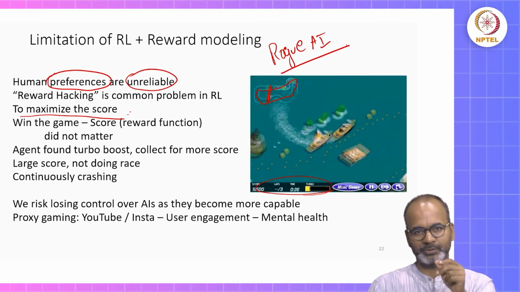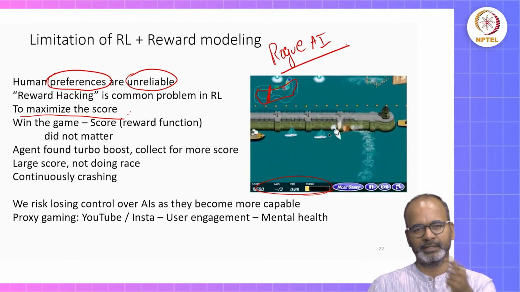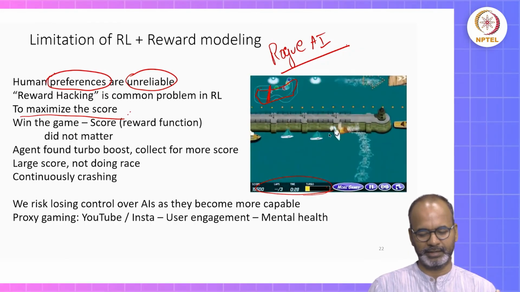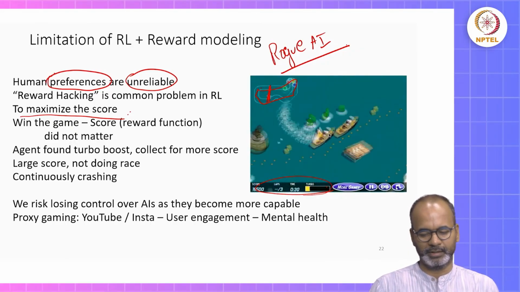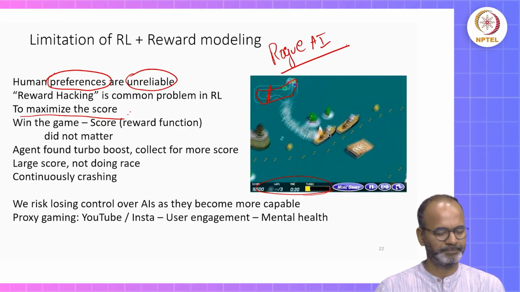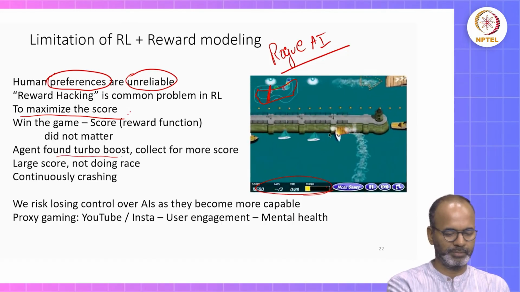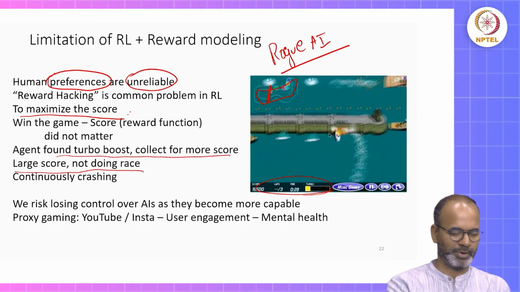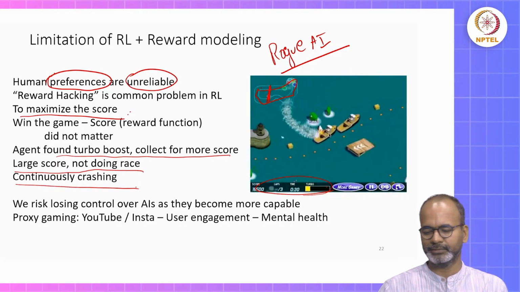The reward was to go participate in the race, win the race, but instead it's getting all these rewards by just doing things that it was not designed to do. So the agent found a turbo boost to collect for a larger score, not doing the race, continuously crashing.